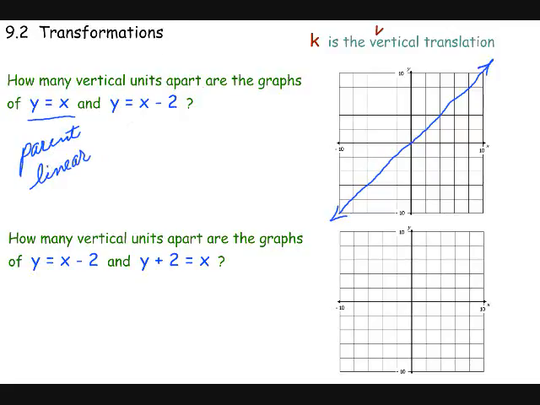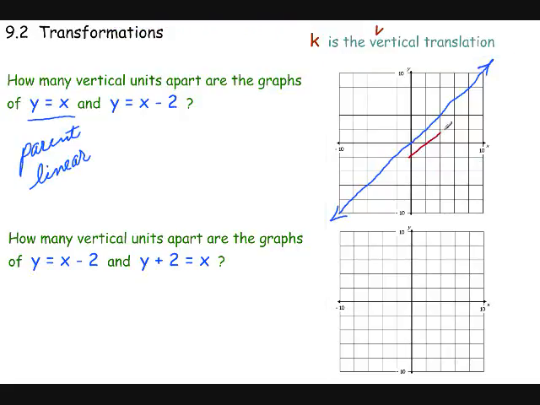Well, now I want to look at a linear graph. This is a linear graph. Both of these are to the first power. But I want to shift it. I'm going to shift it down 2. So it's going to look exactly like this one, only every point is going to be shifted down 2.